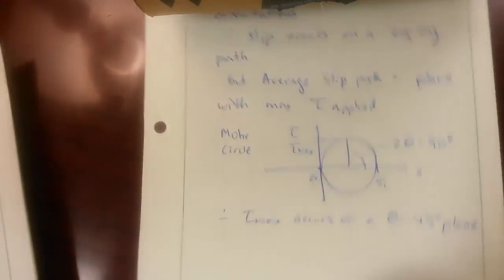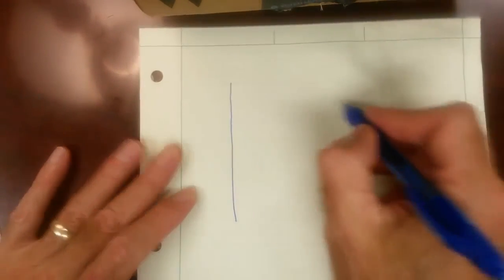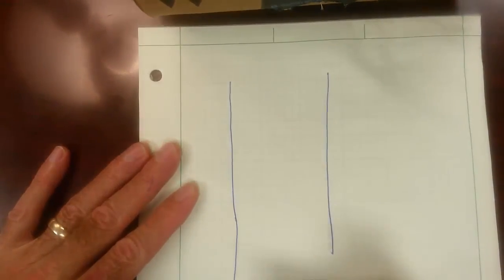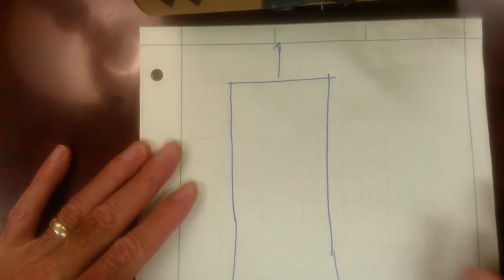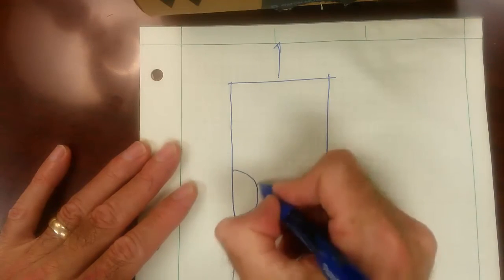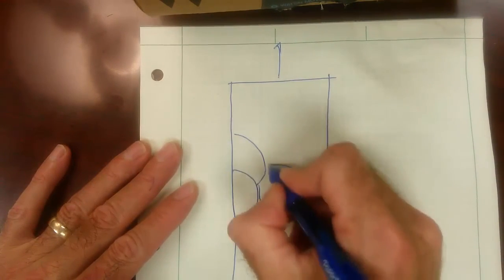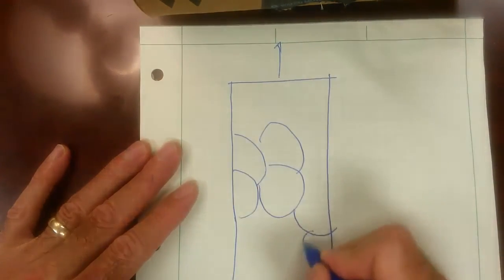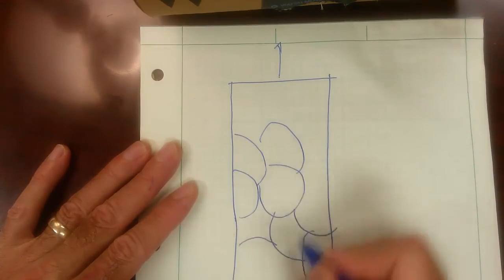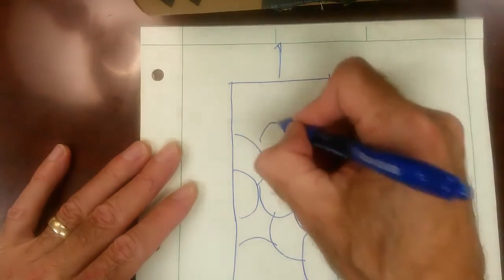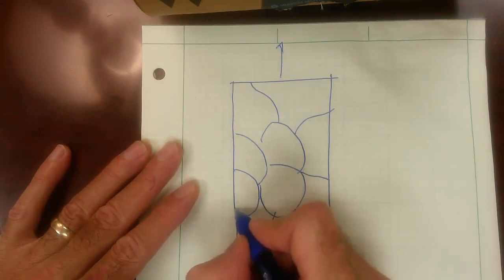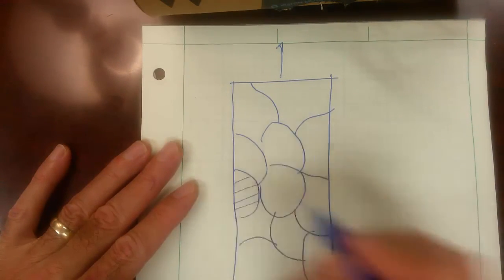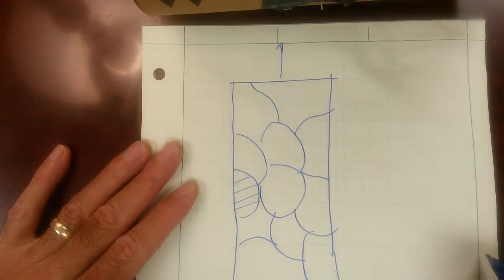So how does that relate to this zigzag path? Well, if I've got a sample being stretched, and it's made up of different grains, and I'm drawing the grain boundaries here between them, and let's say this grain has its slip system oriented like that.